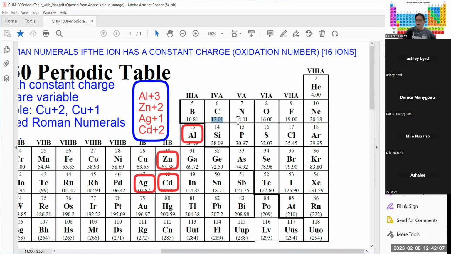If we look at nitrogen, what would be the most common isotope of nitrogen? What do you guys think?